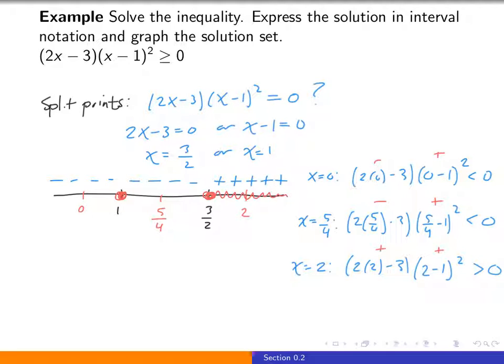So in terms of our solution, we would say that we are bigger than or equal to 0 at the number 1, or, so union here, at 3 halves and all the way to the right. So the set containing just the single point 1, where the function is equal to 0, and then 3 halves all the way to infinity.